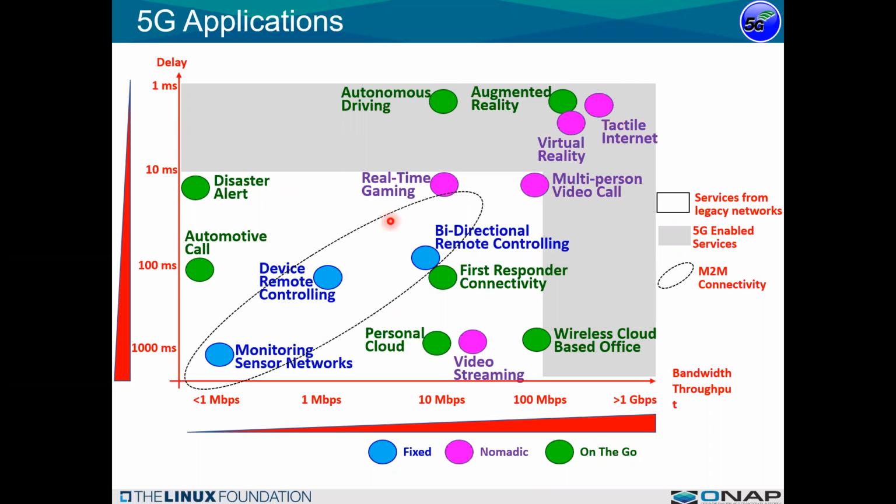The dotted line here shows machine-to-machine type applications where devices talk to other devices, such as bidirectional remote controlling. But of course, these are using 10 millisecond latencies in 4G. There is something called narrowband IoT and enhanced machine type communications available in 4G, which are dedicated. You might have heard of Cat-M, category M, in 4G.